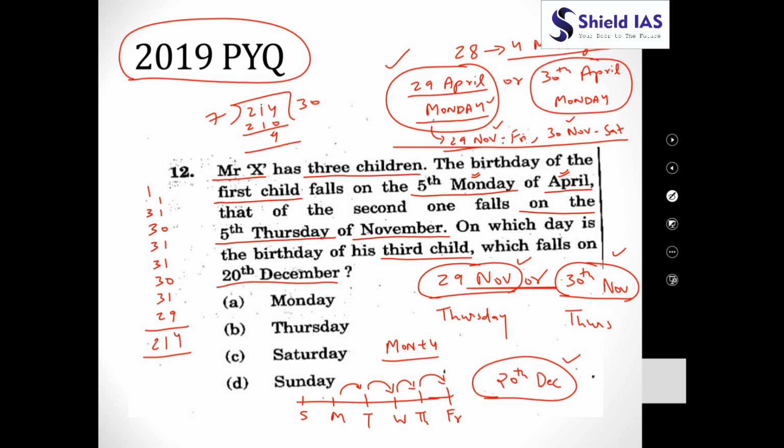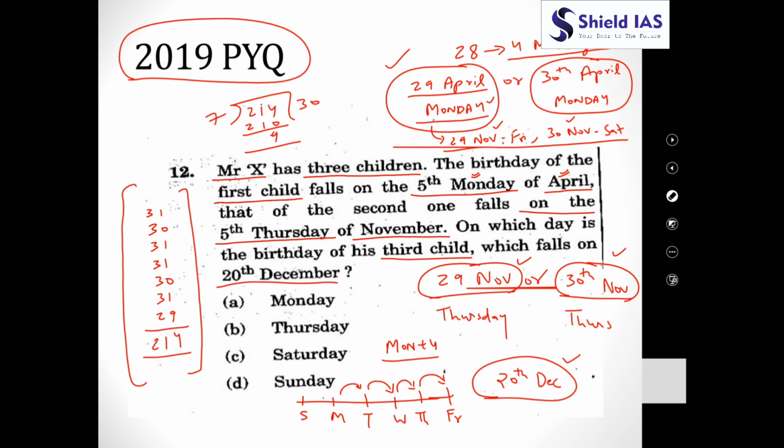If 30th April is Monday, then what we'll do? While calculating these, what I have to do is only remove this one from our calculation. Then this would have been the calculation.